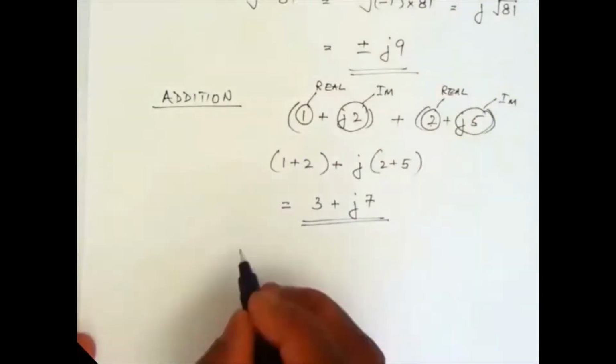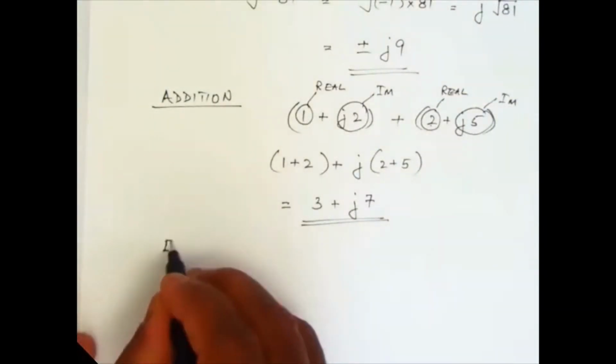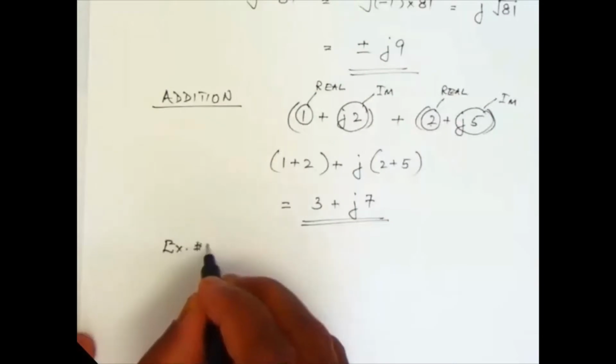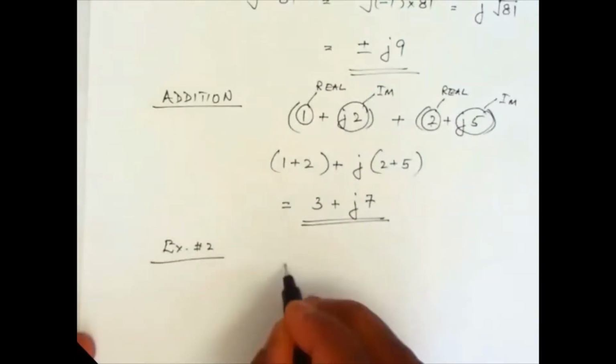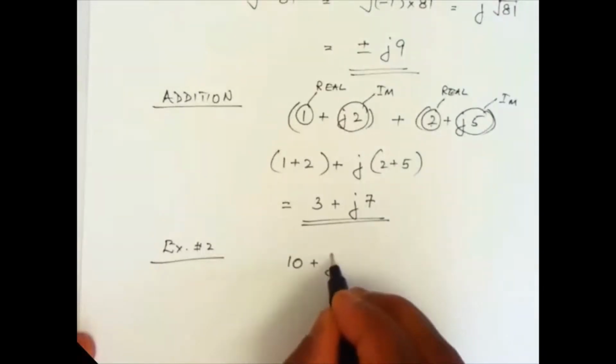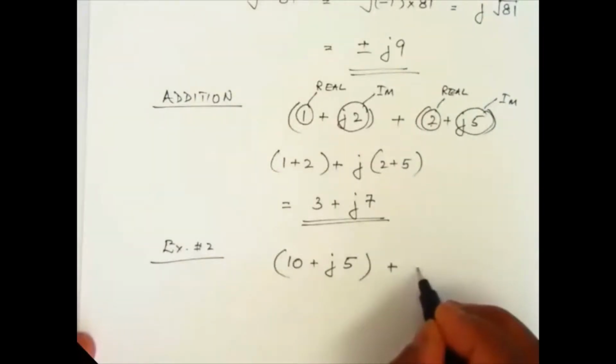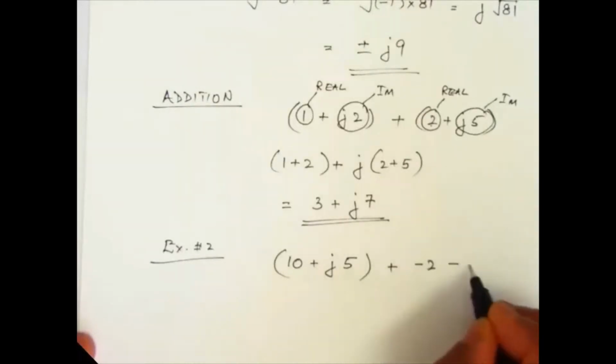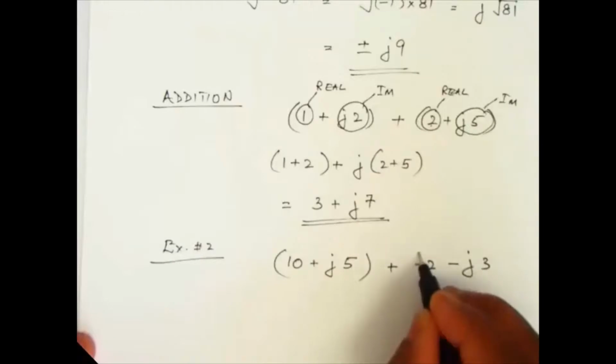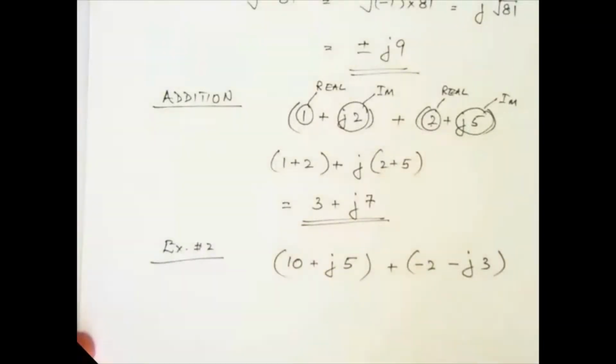So if I take another example, example number 2, say the first number is 10 plus j5, and the second number is minus 2 minus j3. So now I add the two real parts together.